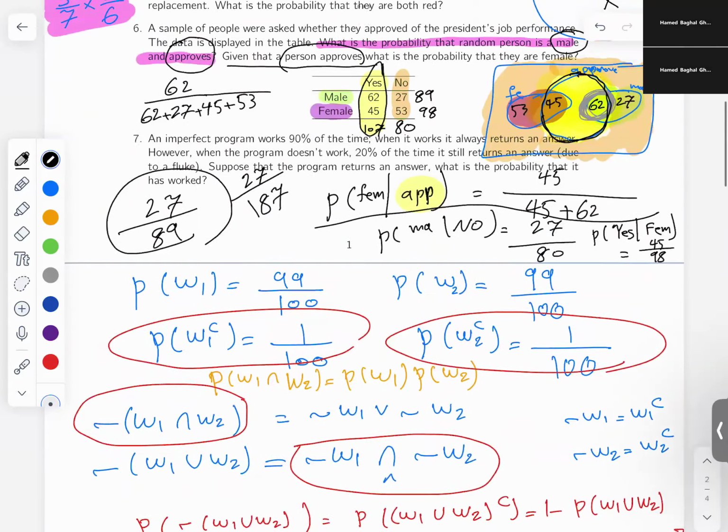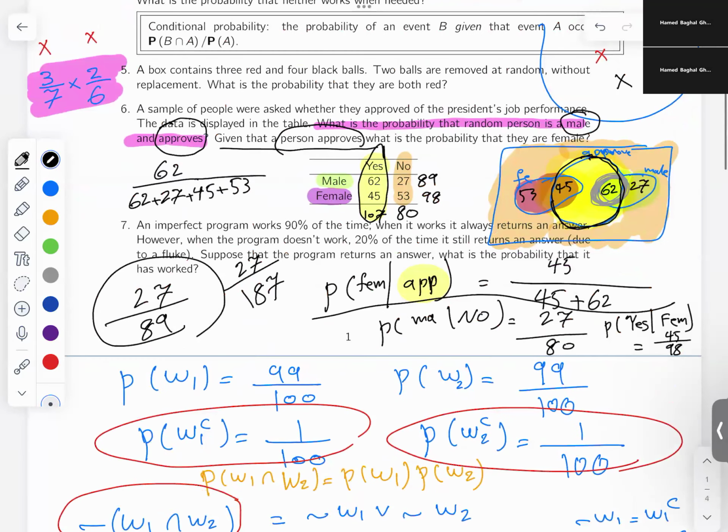So do you remember this question for sure? A perfect program or machine works 90% of the times. When it is working, it always returns the answer. When it's not working, with 20% probability, it returns the answer.